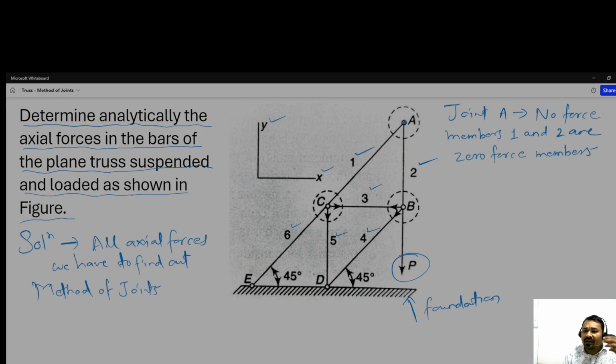If there is no load at this joint A, we can say it is zero force. And if zero forces are there, there is no use of these members for this structure, so why are these there? So these are the redundant members.